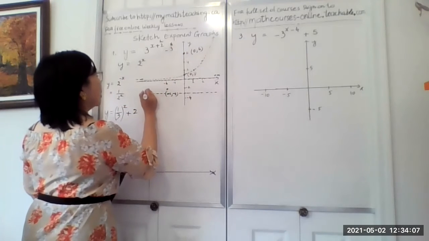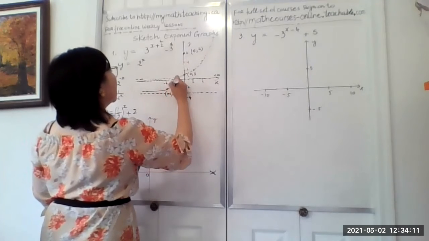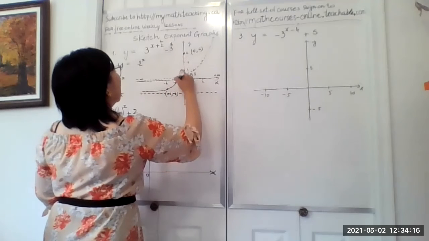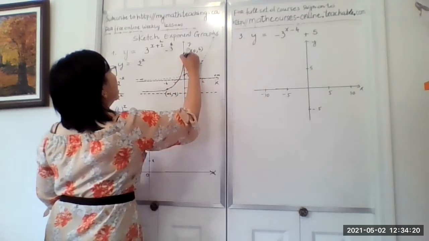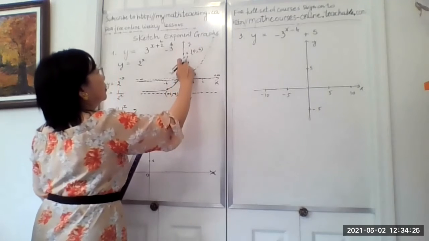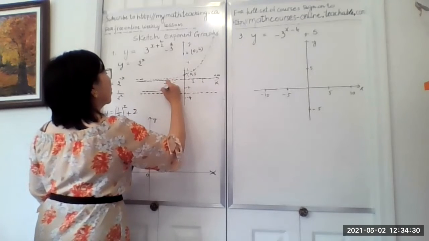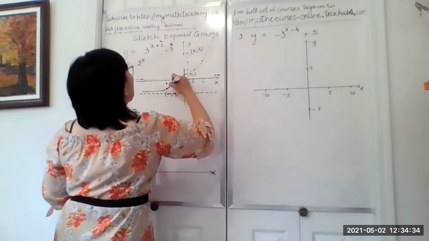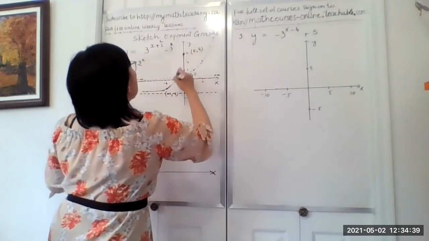So at this time, we'll be able to sketch the function easily by shaping it along with the asymptote and going to this point. I'm not doing a good job, sorry about this. So here's 6.